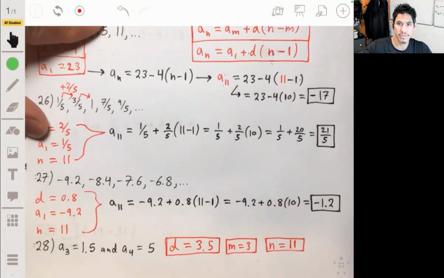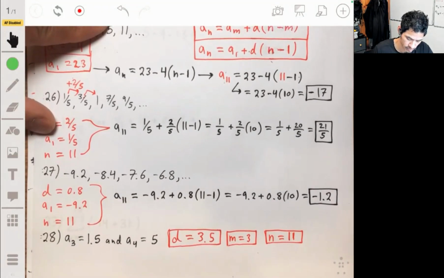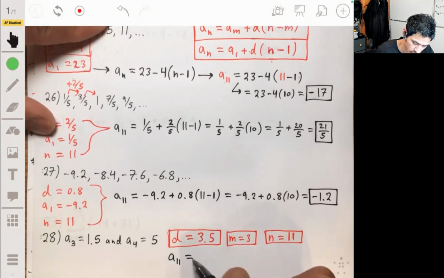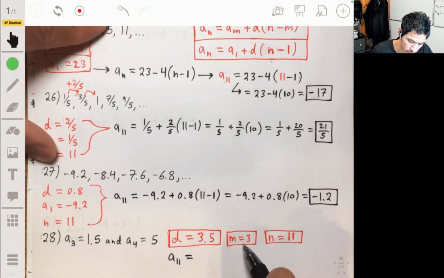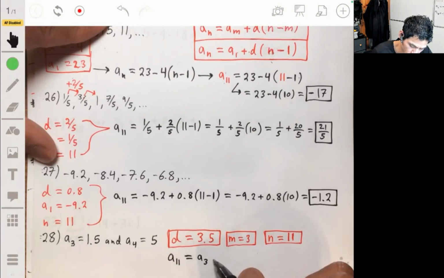Let me zoom out a little bit so you can see the whole thing. So writing it down here, A11 equal to A3 plus 3.5 times 11 minus 3.